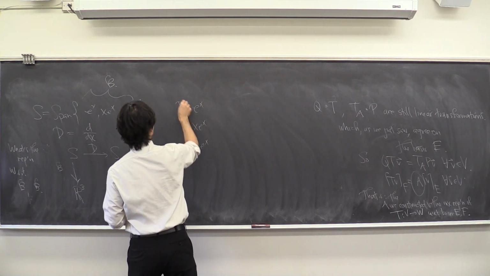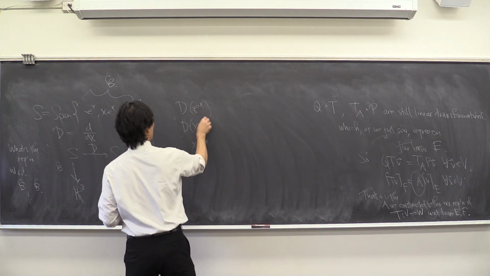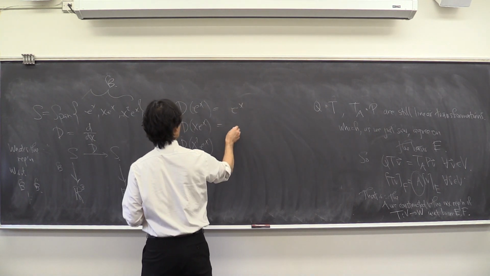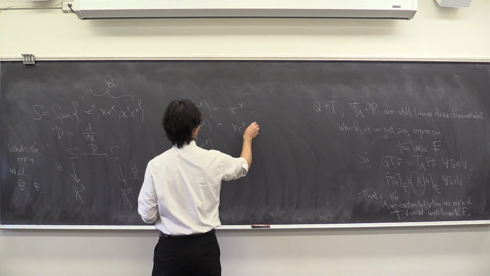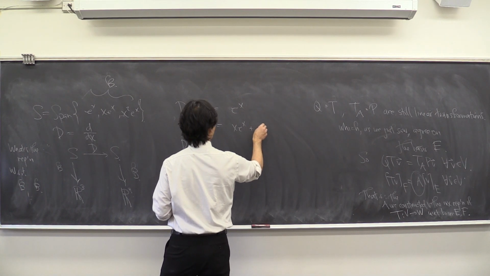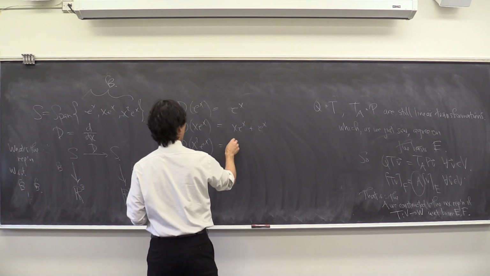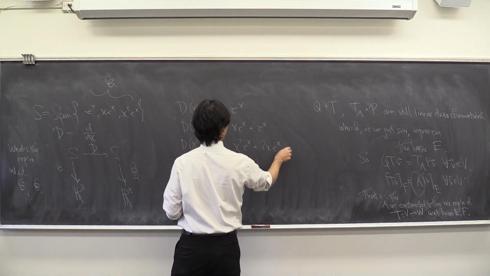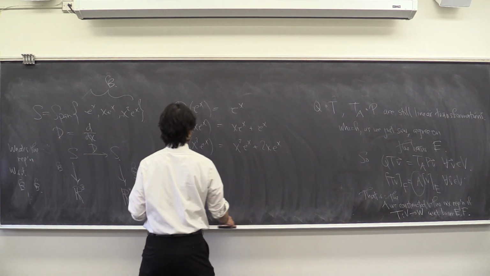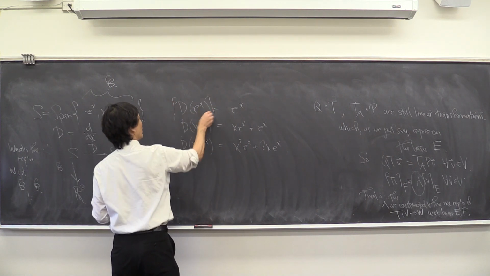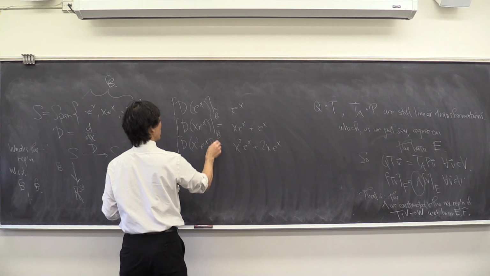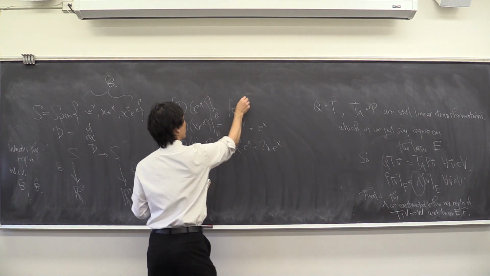I hit them with the linear transformation, and I get, well, this stays the same. I get the first derivative times the second plus the derivative of the first times the second, and so on. And then I represent those with respect to the target space's basis.